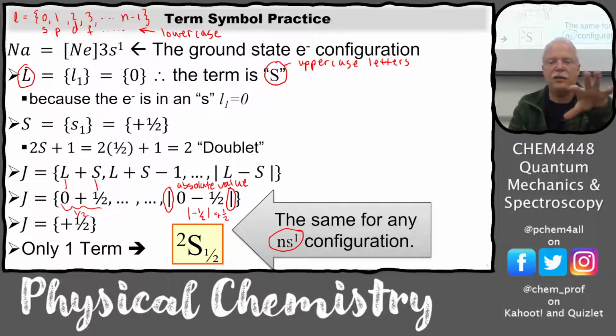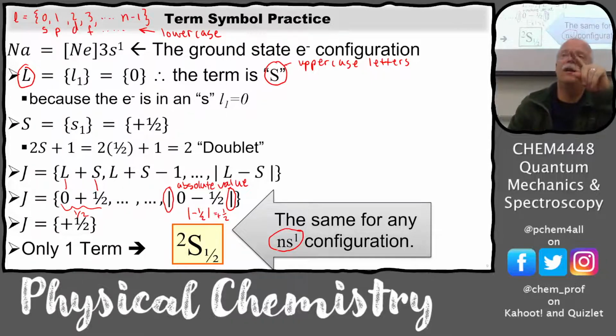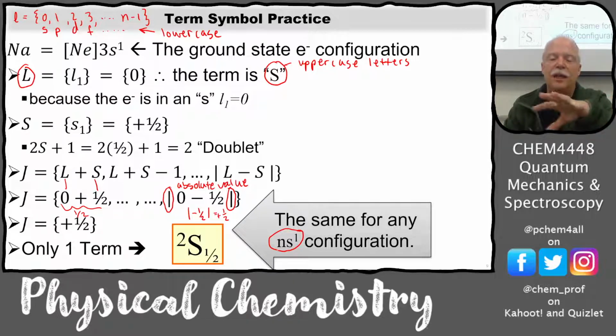Notice how this is now general to any atom and any ion. Let's say we had magnesium +1. It's lost its second electron, so now it's NS1. And so that ion, that configuration is going to have several terms associated. This would be one of those terms, the NS1. Any NS1 configuration is going to have this term symbol.